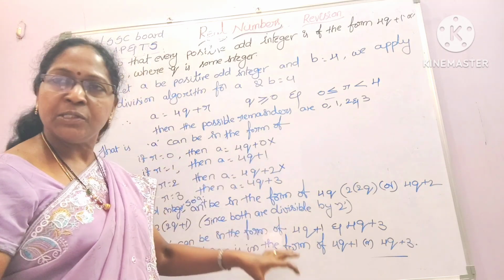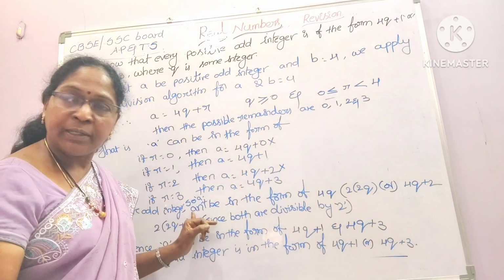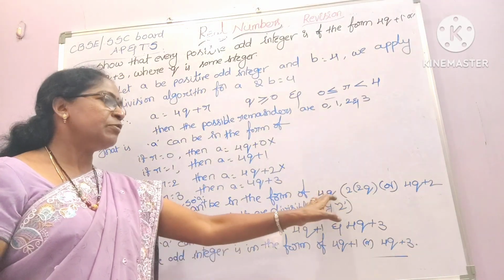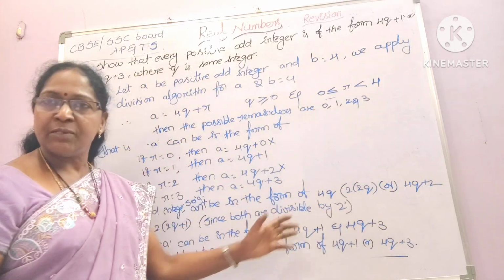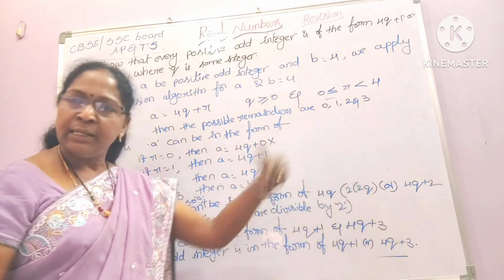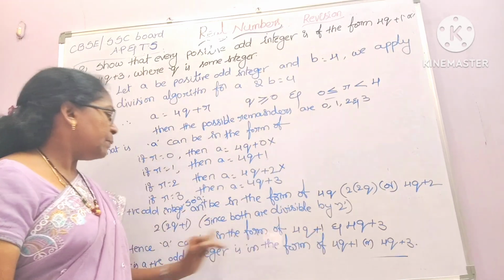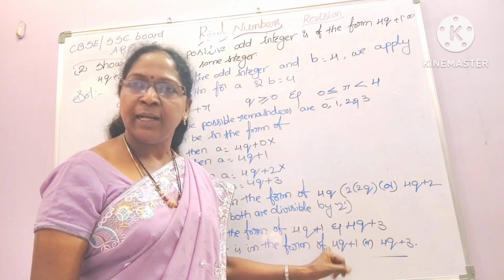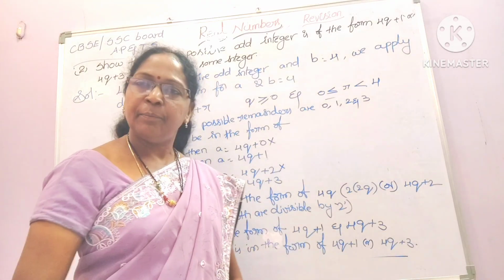So it cannot be in the form of 4q or 4q plus 2. Why? Because these two terms are multiples of 2, that means divisible by 2. So the remaining two possibilities are there, that a can be in the form of 4q plus 1 or 4q plus 3. This is the answer. Proof.